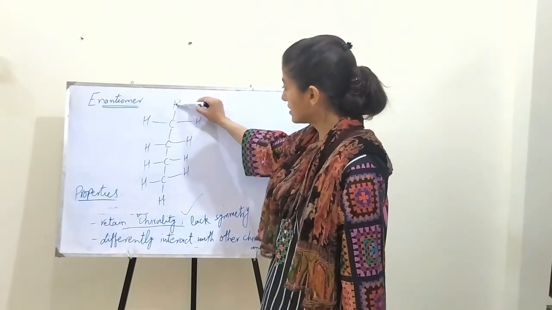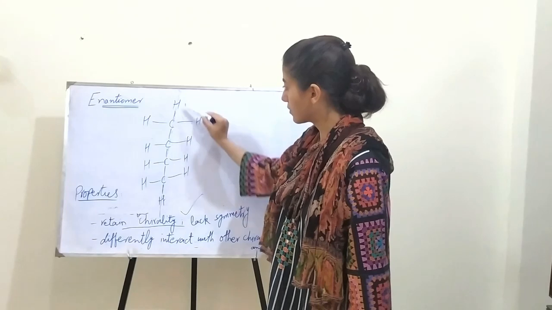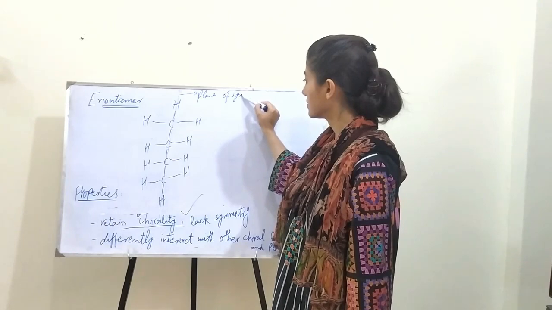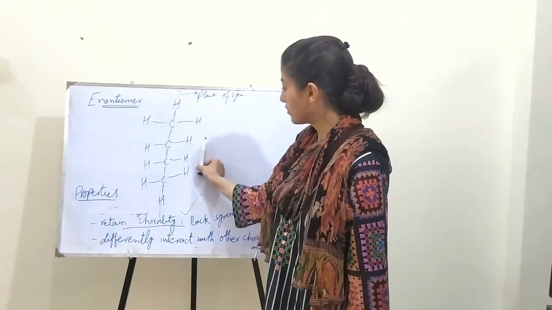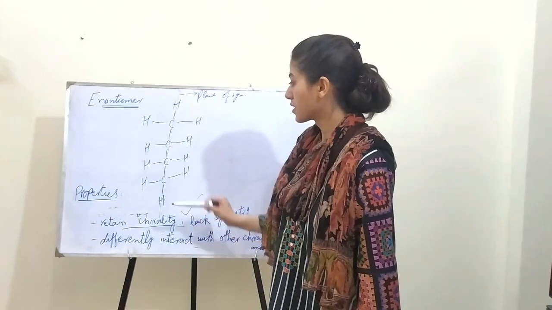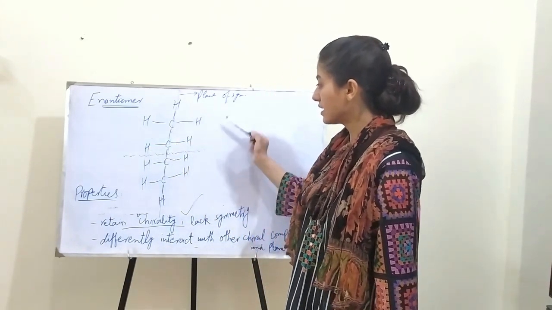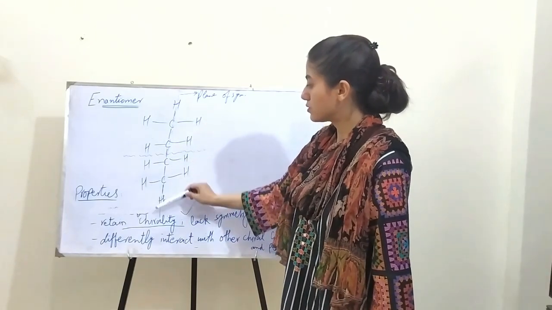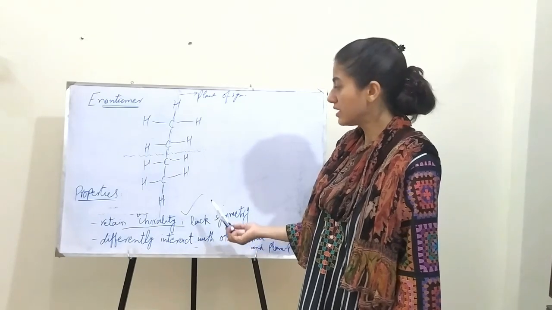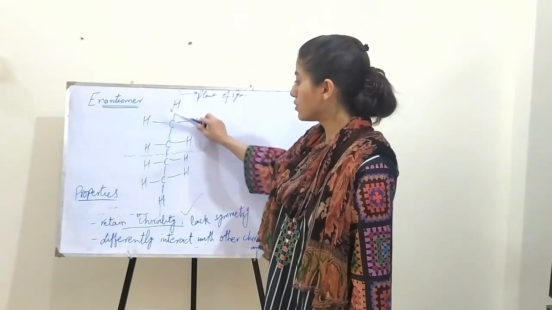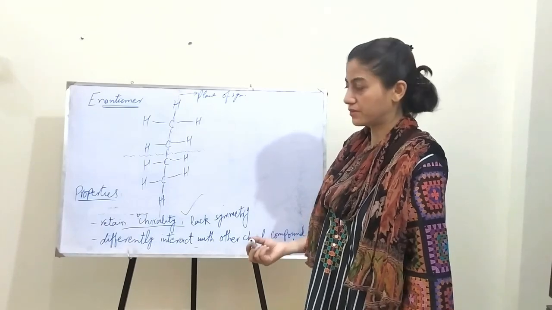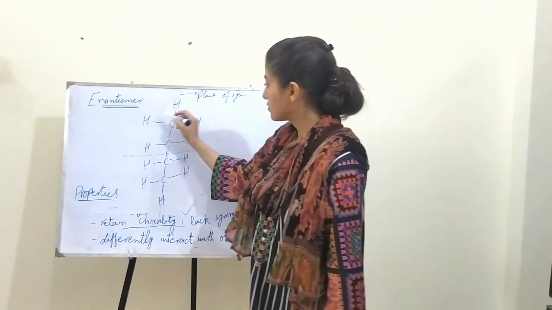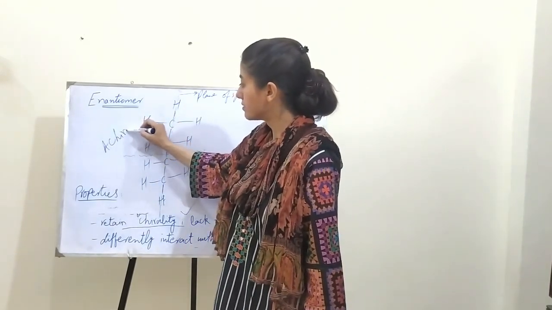So if you cut it along this plane, it would also be the plane of symmetry, because here 4 hydrogens are attached and here also 4 hydrogens. Or if you cut it along this side, then this ethyl group is also identical with this ethyl group, and it is cut in such a way that the 2 halves are mirror images of each other. So in both ways we may say that it retains the plane of symmetry, so it is achiral.